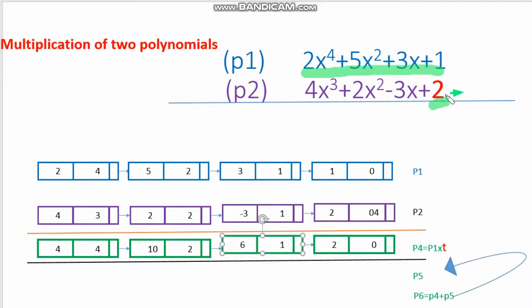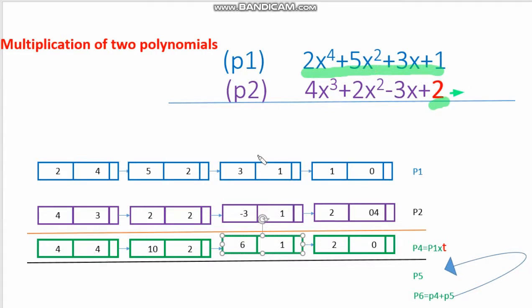We know the coefficient is 2, power is 0 here, x. So we multiply the coefficients and add the powers. So 2 into 2 we get 4. This is polynomial p4 that we get by multiplying one term into p1. So 2 into 2 we get 4, that is the coefficients multiplied, and for the power, this is 4, this is 0, so the powers are added, 4 plus 0.